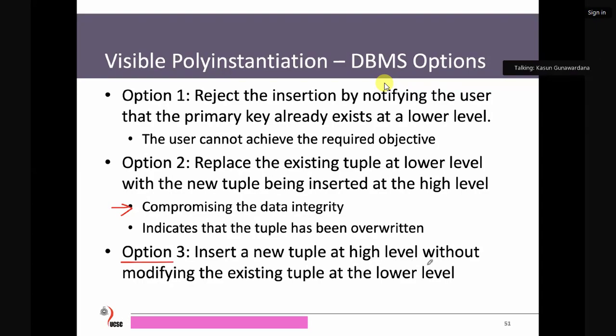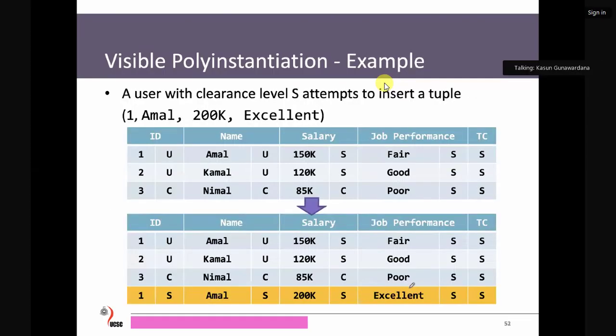Insert a new tuple at the high level without modifying the existing tuple at the lower level. So what happens here? This is the original table, the original relation. A user with clearance level S, a higher clearance level, is attempting to insert this tuple, right? However, a tuple with the same apparent key already exists. The already existing data is at a lower level.